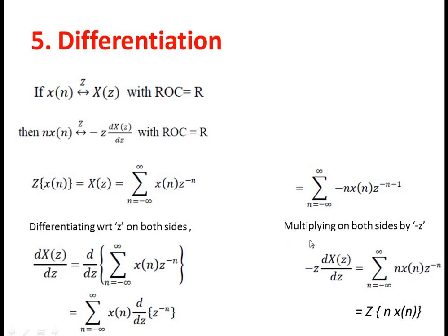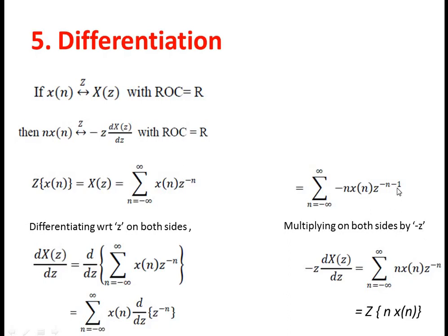Now, to get this value, we multiply both sides by minus z. Here we have dx of z by dz. For getting the proof statement, we multiply by minus z on both sides. So minus into minus gives plus, and here we have z power minus 1, which we have multiplied with z power plus 1.